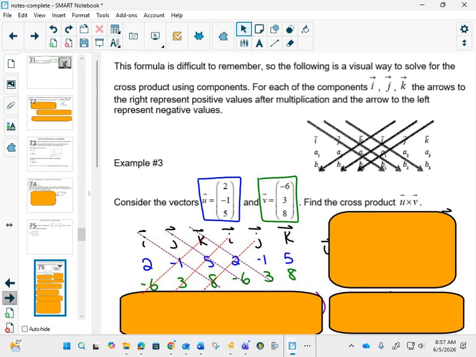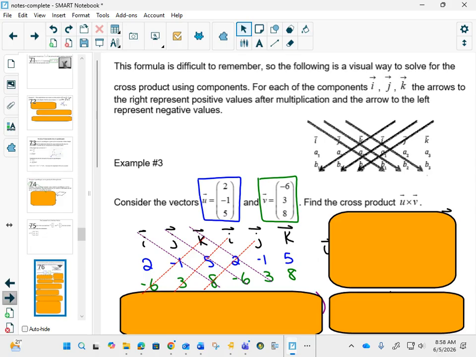if you write IJK, IJK, I is of course 2, -1, 5, 2, -1, 5 for the blue one. And -6, 3, 8, -6, 3, 8 for the green one. Then you make your diagonals go through I, J, and K in one direction, and I, J, and K in the other direction.